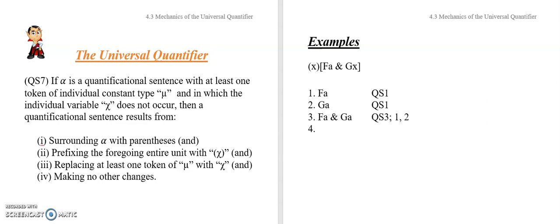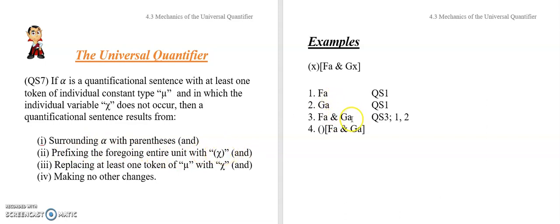And then, of course, we want to attach the universal quantifier to this sentence right here. So we're going to take this sentence and surround it in parentheses. For readability, I'm going to use brackets here. So we're going to surround that whole sentence and prefix the entire unit with a universal quantifier.